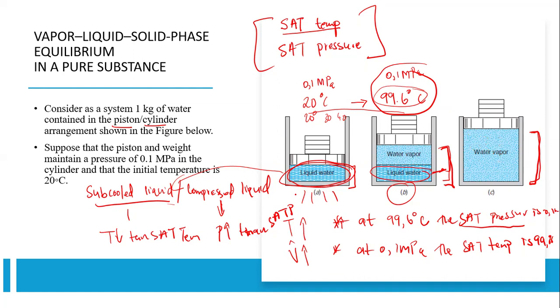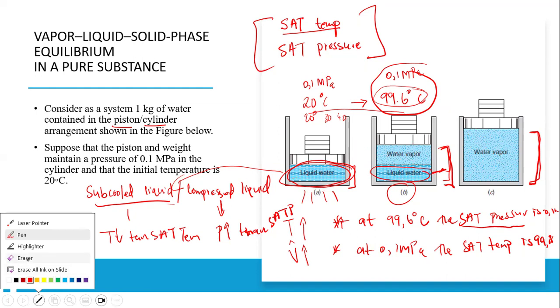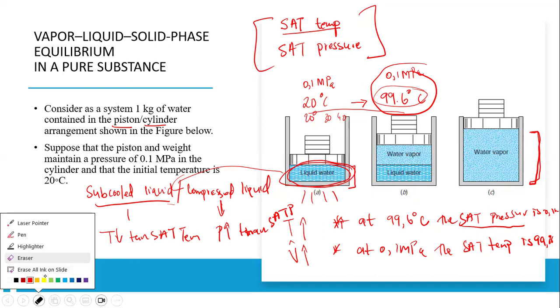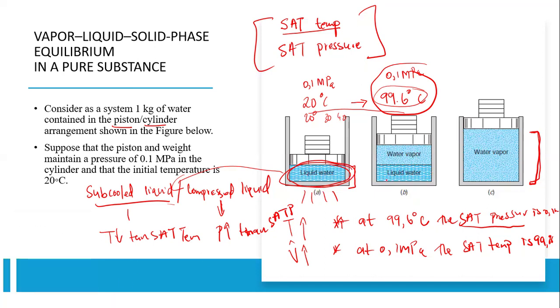So now what we're going to look at again is diagram number B. Like I said, diagram number B has a lot in it. I just want to erase this part. Now, hopefully you took your notes. So once more, when this substance, which is our liquid water, exists as part liquid and part gas or vapor, like I said, we have the saturation temperature.